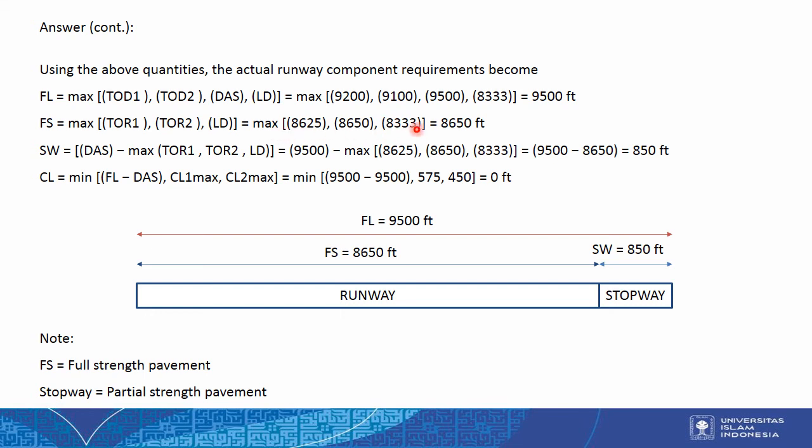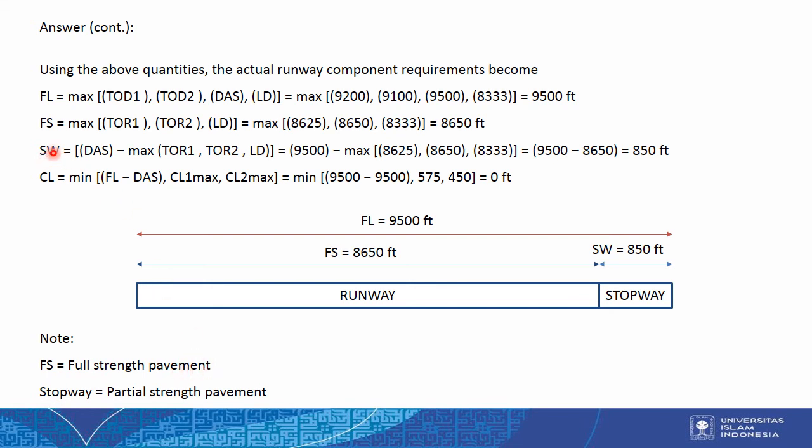So we look for the maximum number, which is TOR2, 8,650 feet. This is for the FS. The FS is full strength pavement.